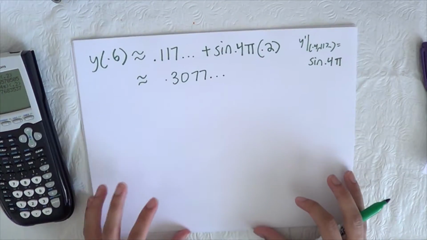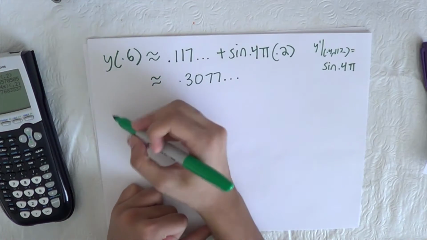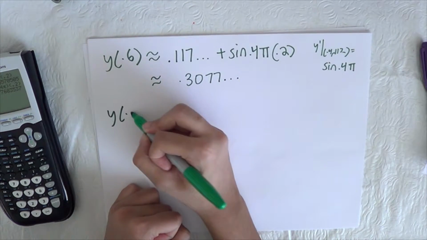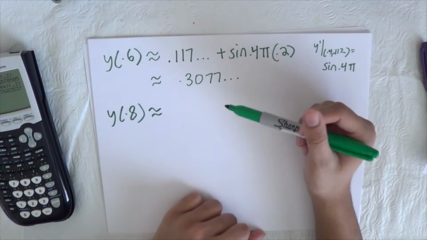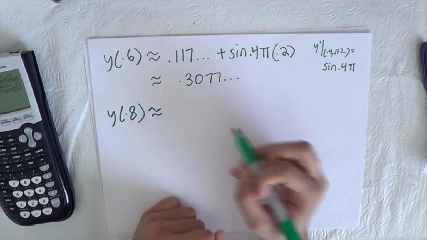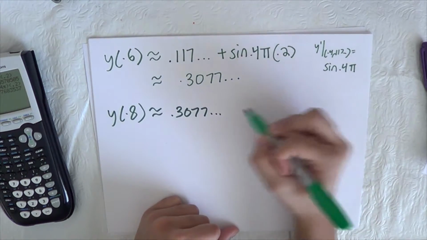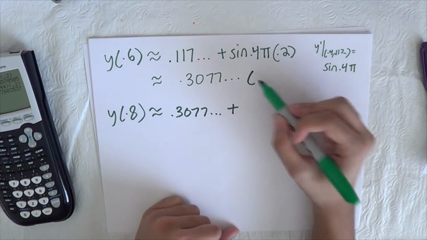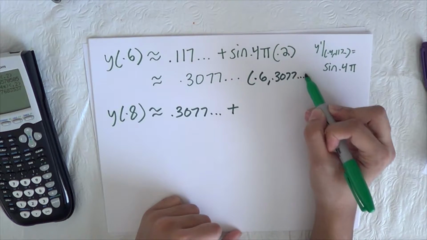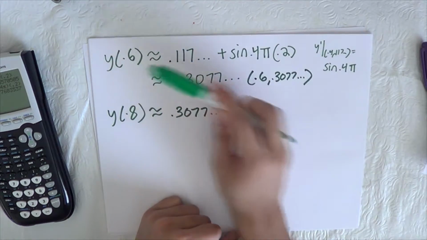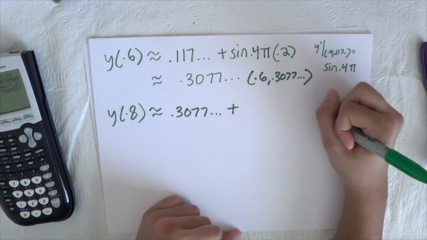So the next one is y of 0.8 because we're adding a 0.2 interval to this. So y of 0.8 approximates to the y value of the previous equation, which is this value right here, plus the slope of the previous point, which is 0.6, 0.3077, because our t value is 0.6 and our y is 0.3077.